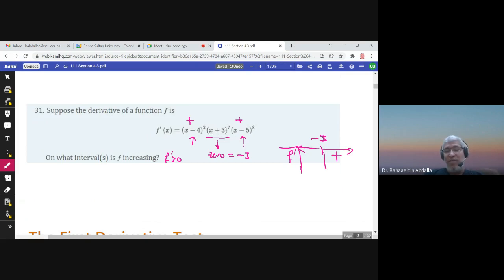You raise it to the power 7, it would stay negative. So f here is decreasing and f here is increasing, and he is asking on what intervals f is increasing. So the answer is from negative 3 to infinity, this function is increasing. So that's the answer to this question.